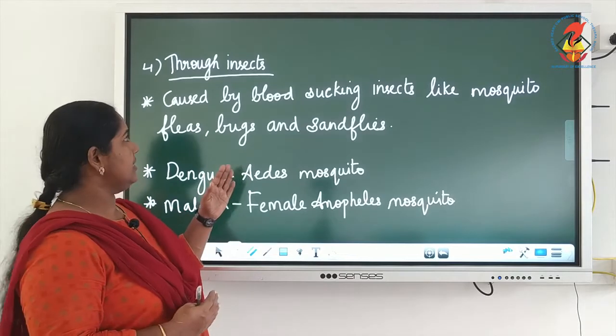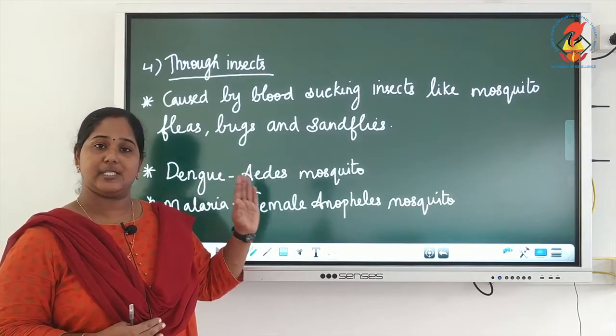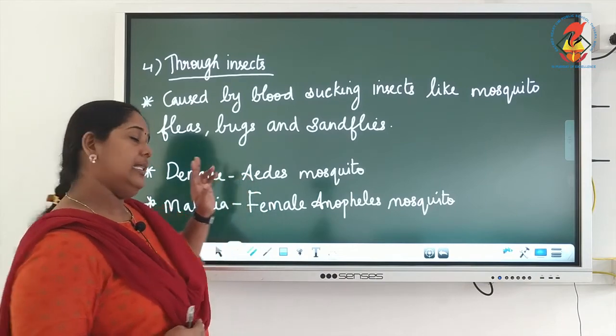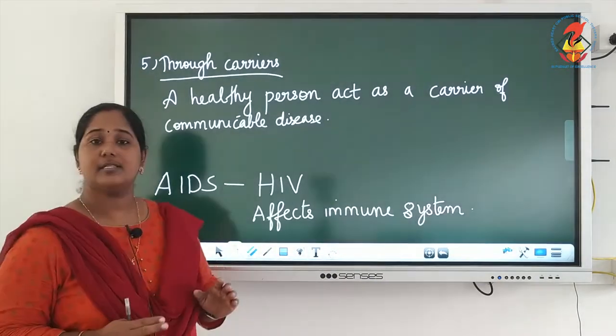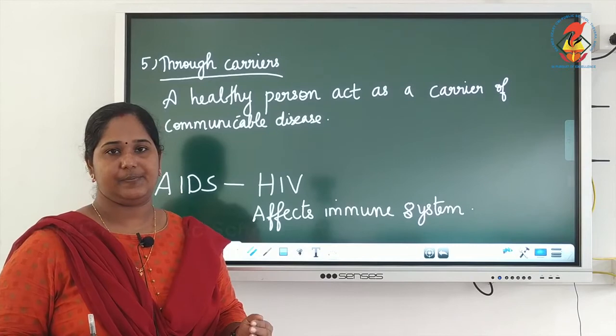Okay? So these are the important ways by which diseases are spread. But the next method is through carriers. Carriers are actually healthy human beings. A person who is healthy may have a germ inside his body, but as he is healthy, he will not be infected by the disease.